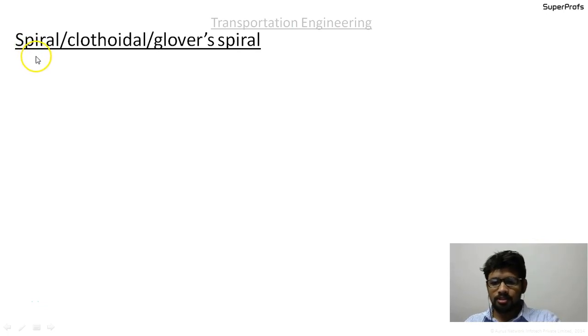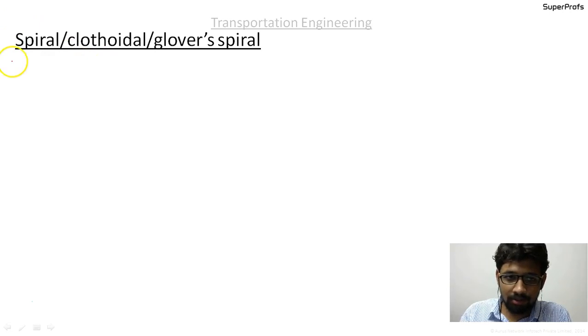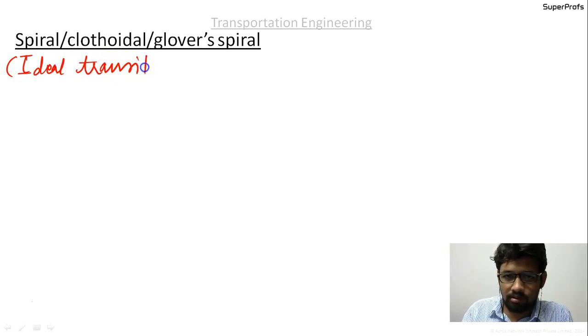This spiral, clothoidal, or Grover spiral is called the ideal transition curve as per IRC. Please write down that this is the ideal transition curve as per IRC.